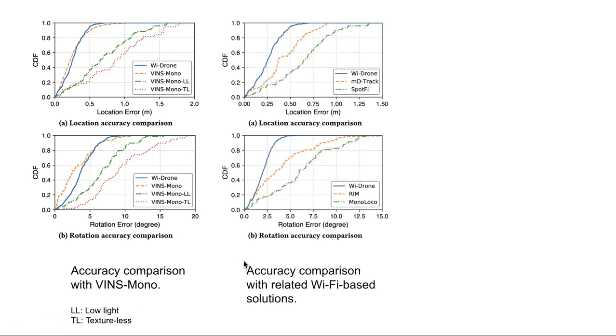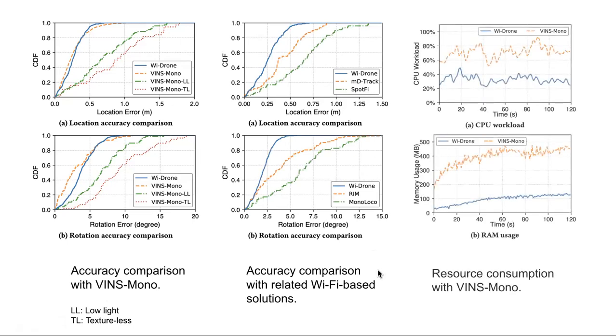Secondly, compared with Wi-Fi based solutions, WiDrone is better than the other methods. And third, they measure the resource computation against VINS-Mono, and WiDrone actually consumes much less, I mean, less computation in CPU and memory usage.